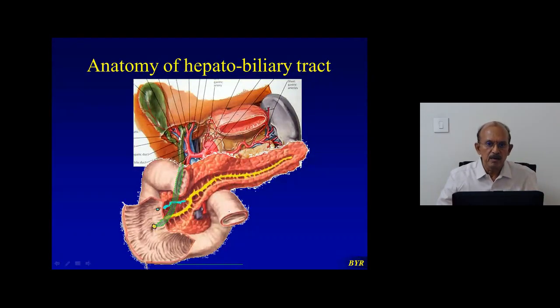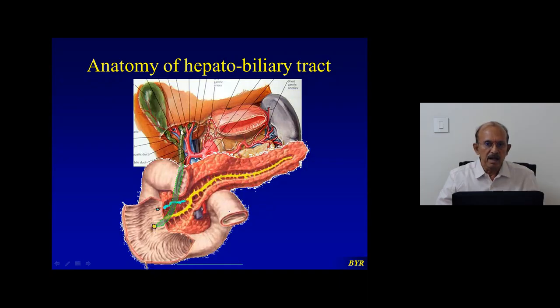Now you can see here, this is the duct, to the right side. This is the right side of the patient. Spleen is on the left side of the patient. So duct is towards the right side. Hepatic artery is to the left side. And behind these two structures is the portal vein. Portal vein is a very big structure. Its diameter is more than the diameter of both the duct and artery put together.